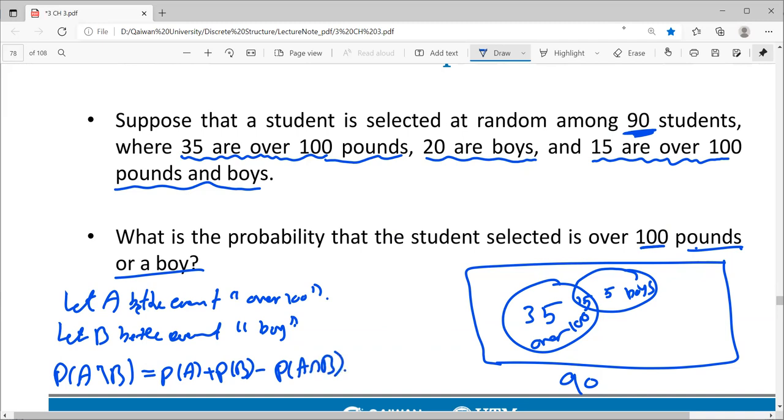Why do we apply this rule here? Because there is something common between the students who are over 100 pounds and the boys. We have 15 boys who are over 100 pounds, and the number of students who are over 100 pounds is 35.